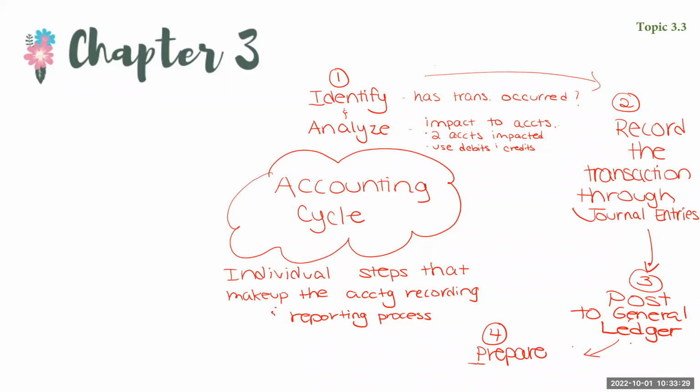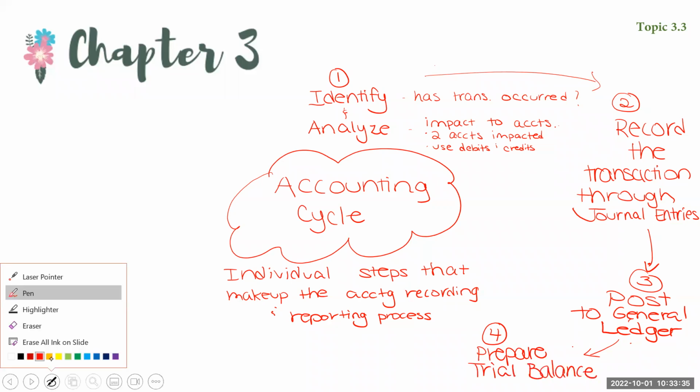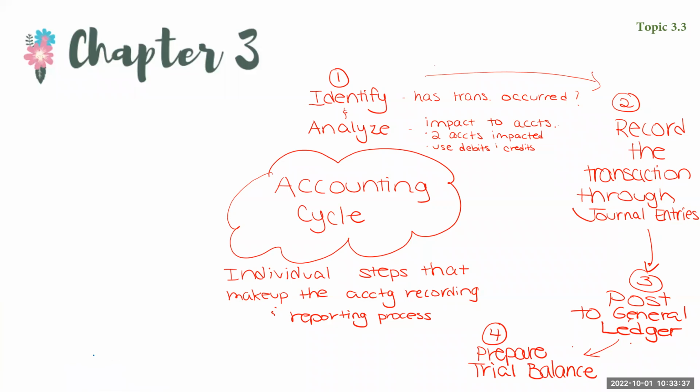I'll just call it a trial balance for now. And that's as far as we get in chapter 3. These first 4 steps make up the initial steps in the accounting cycle, and they're called the recording process steps.